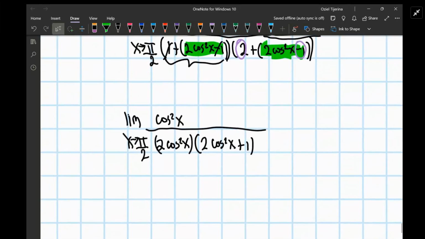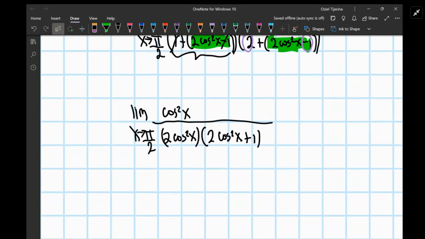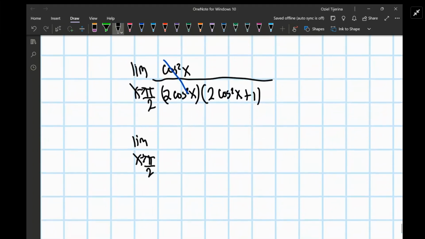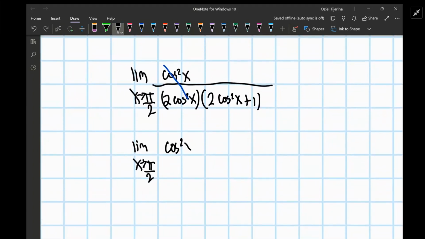Now here we can clearly see that the cosine squared cancels out, because they're being multiplied. So basically, the limit as x approaches pi over 2, in case you don't see it, is cosine squared x over 2 times cosine squared x times 2 cosine squared x plus 1.